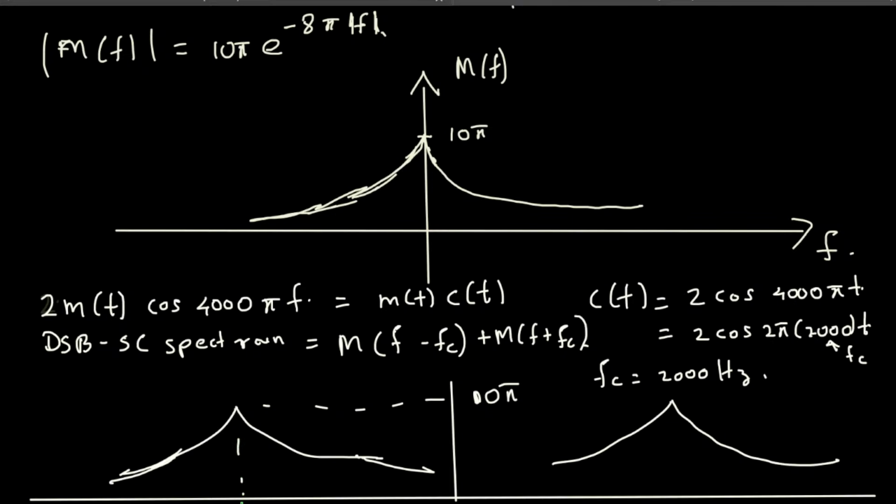And this is 2000, and this one is negative 2000, and this one is positive 2000, and the height is 10 pi. Okay, exact same diagram became doubled, and the center of the diagram is going to be wherever the carrier frequency is, that is 2000 from the left and right.